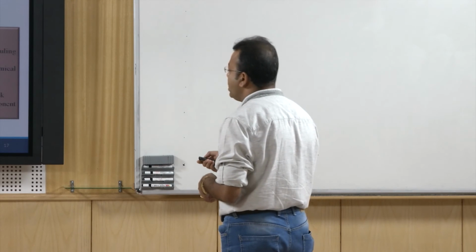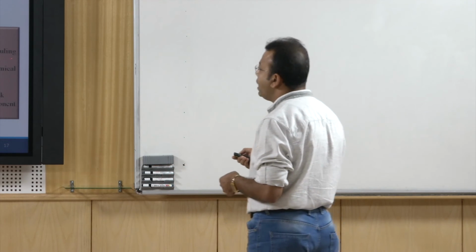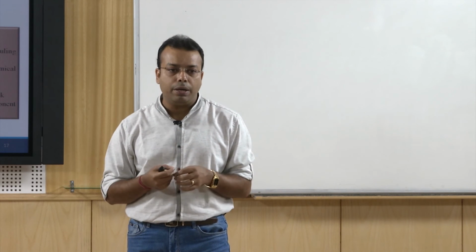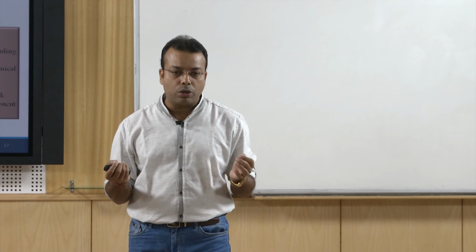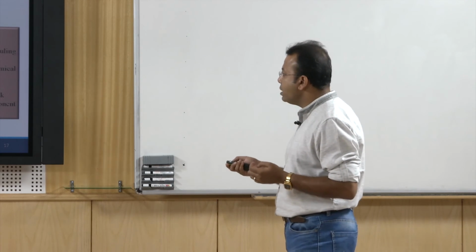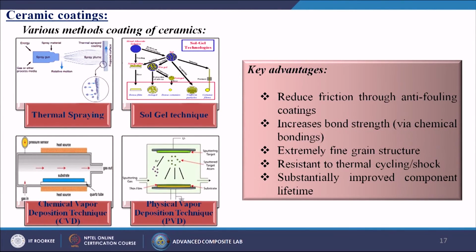The key advantages are: reduced friction through anti-fouling coatings, increased bond strength via chemical bonding, extremely fine grain structure, because you can create a microstructure or nanostructure, resistance to thermal cycling or shock, and substantially improved component lifetime.